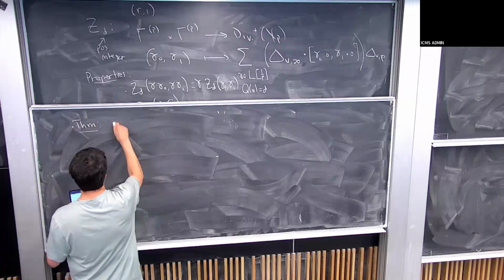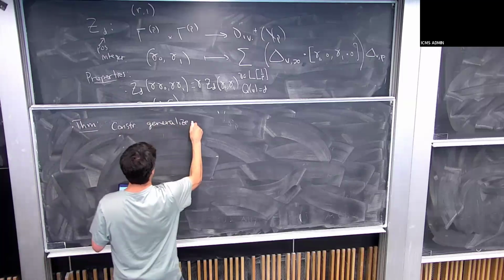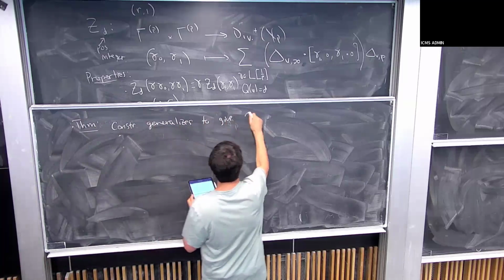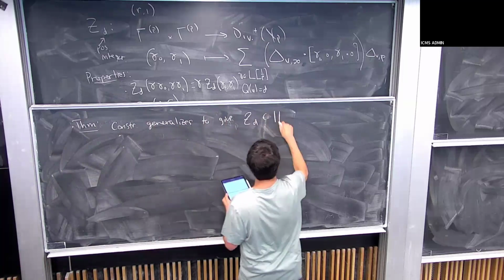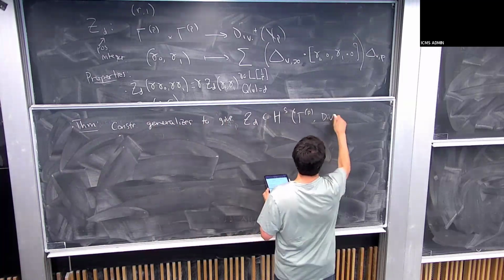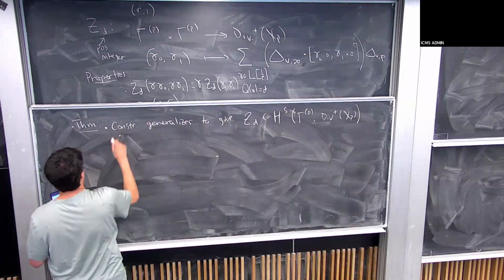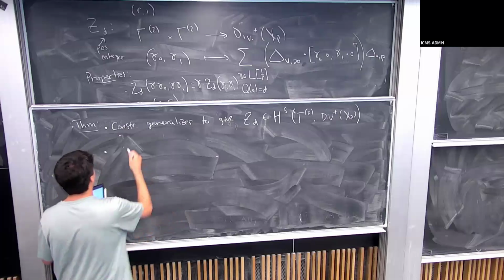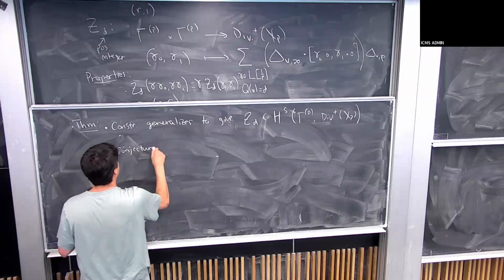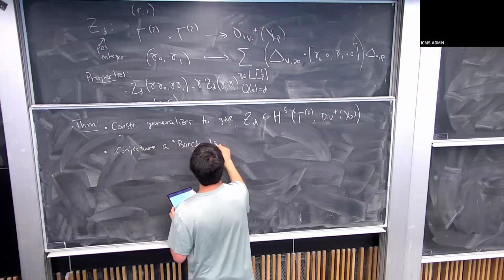Okay, so the theorem is that the construction generalizes to give these divisors in this cohomology group. I'll also say that we conjecture a Borcherds' theory of principal divisors.